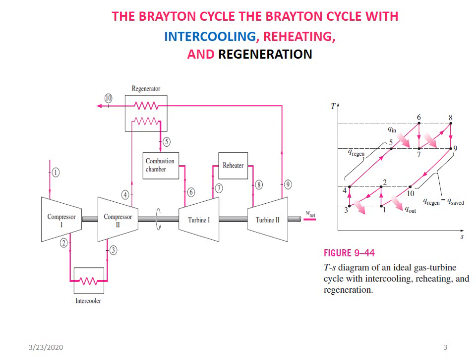It is reheated at constant pressure to state 8. Here at state 8, the temperature at point 8 is equal to the temperature at point 6. So T8 will be equal to T6, where it enters the second stage of the turbine.